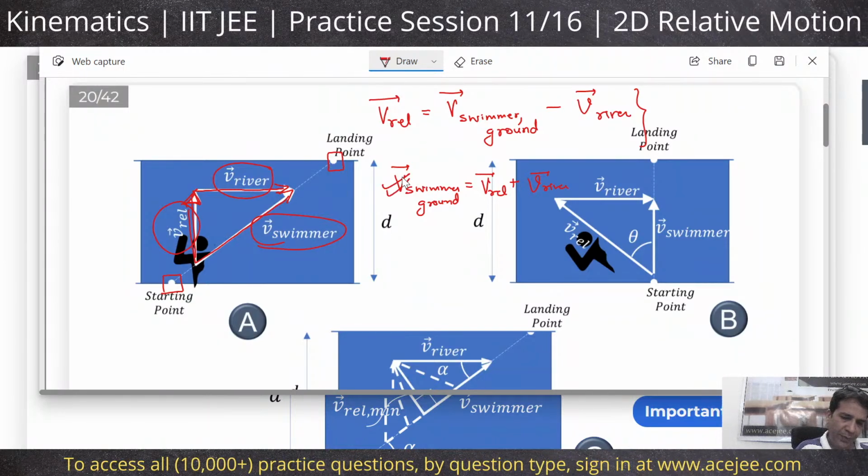Okay. So you might be asked to determine at what angle from the vertical should he set off. By vertical, let me explain. Let's say this is the starting point, this is the landing point, and we are given the V relative, and we're given V river.